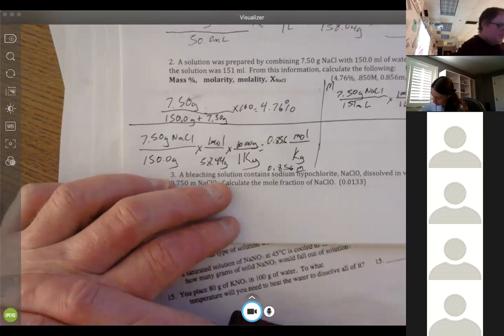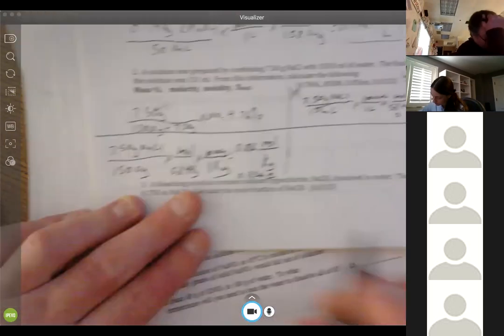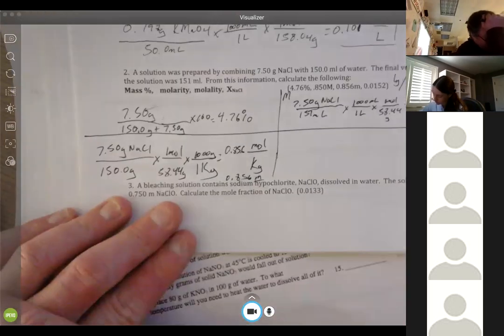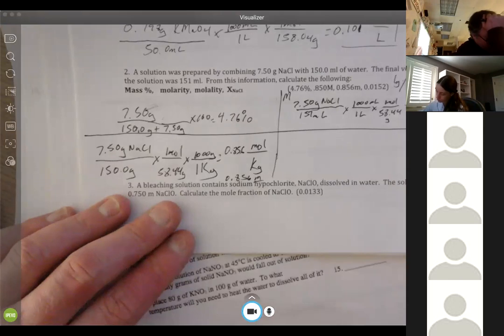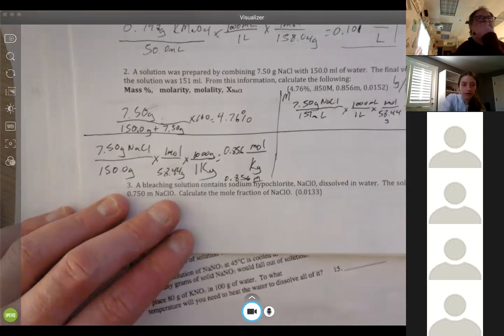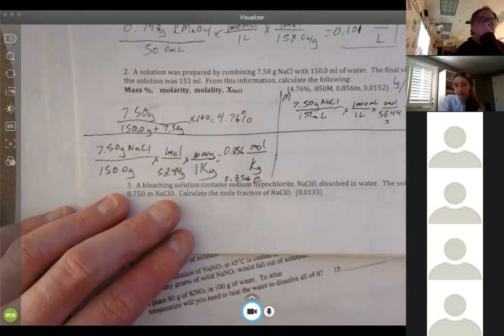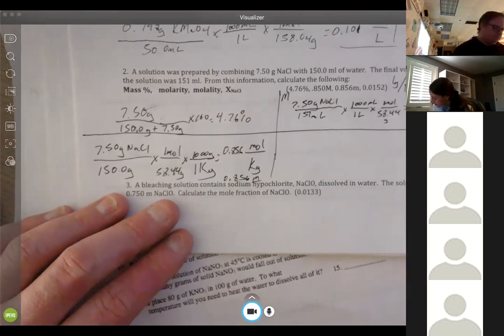All right, who can find me the moles of the solute? You can find the moles of the solute, you can start to do the mole fraction. I think I know how to do it. All right.